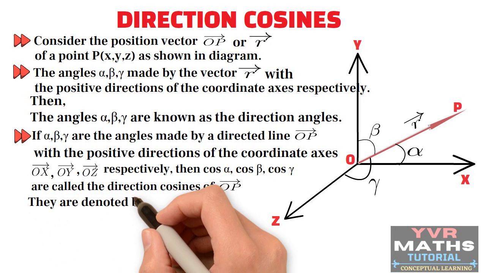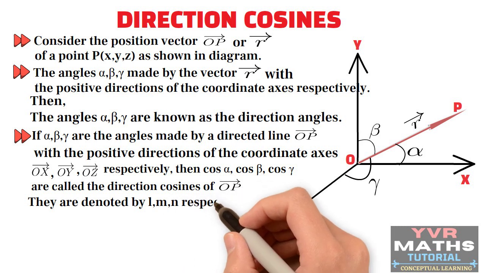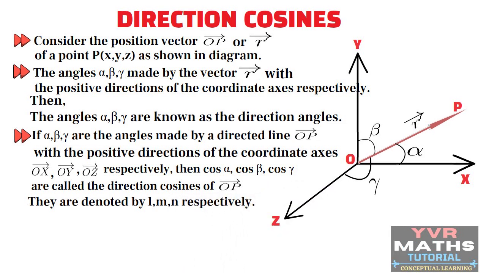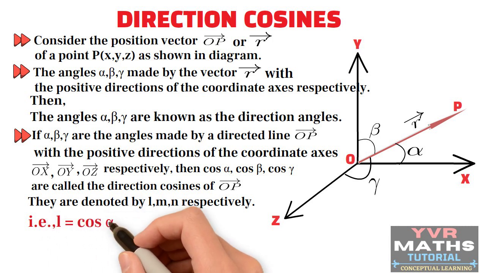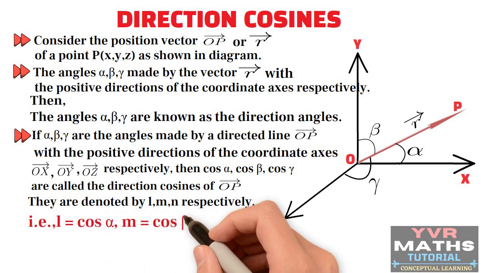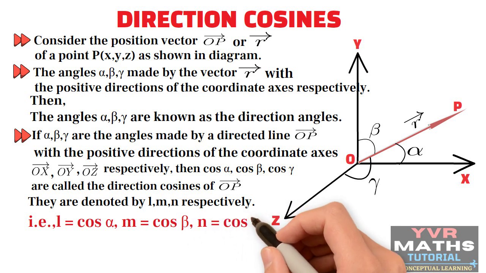Generally, they are denoted by the letters l, m, n respectively. That means l is cos alpha, m is cos beta, and n is cos gamma.